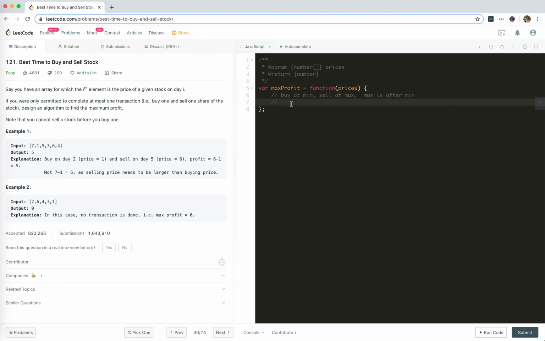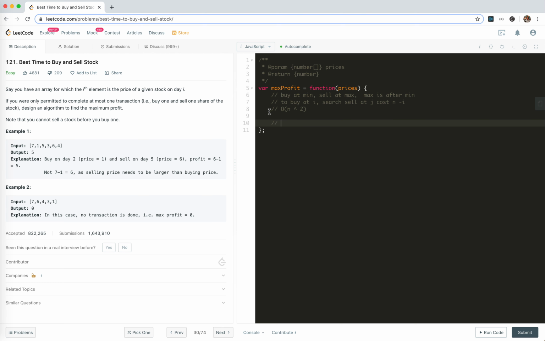So if we buy at i, we search the sell at j, which costs n minus i, right? So the time would be square.